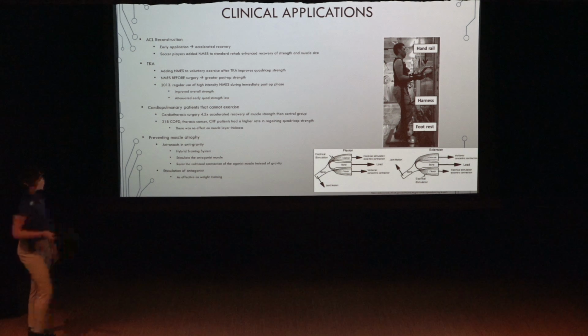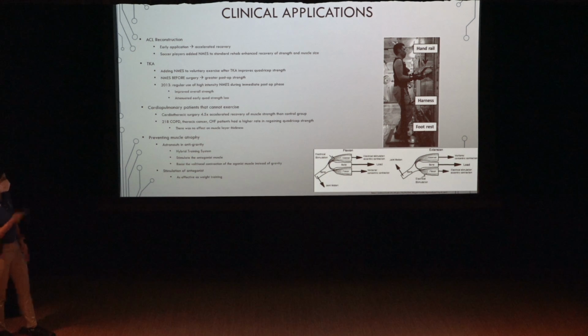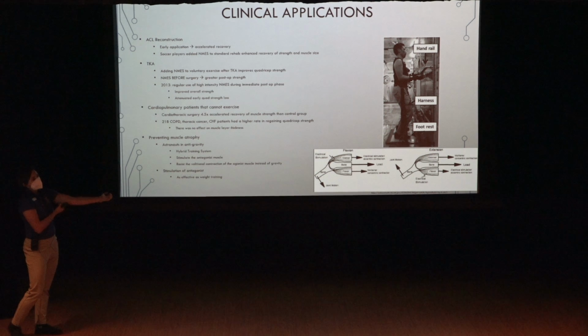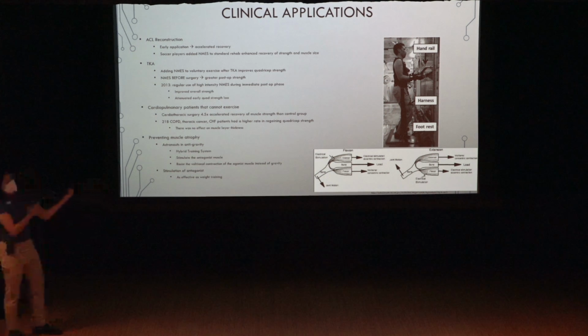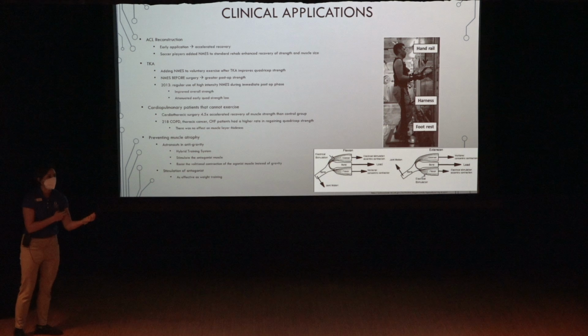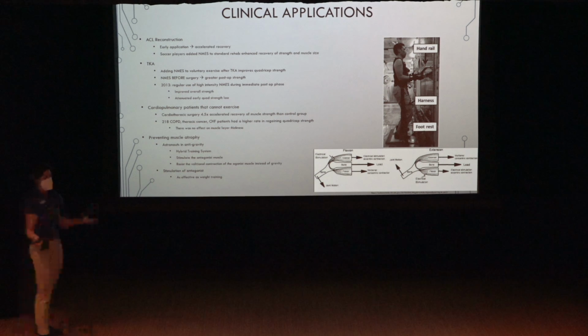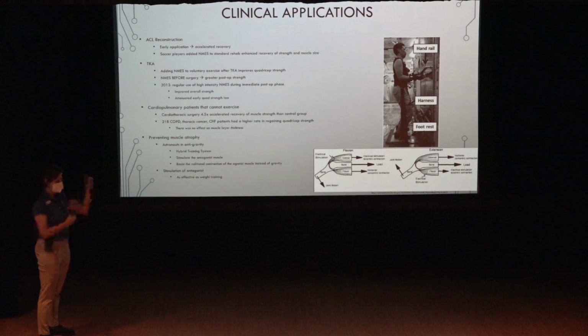It was very interesting. Astronauts, in anti-gravity: they found success with a case study done with an astronaut where they would stimulate the antagonist muscle with E-STIM and have him voluntarily contract the agonist against that, because you lose gravity. So you lose that ability to work against gravity. Now you work against your electrical stimulation.